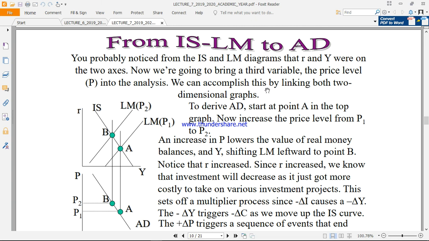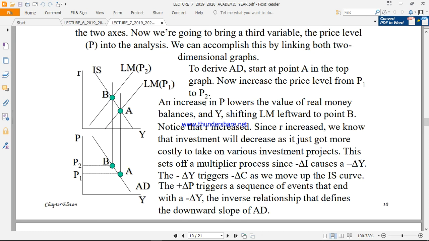We can accomplish this by linking both these graphs. So basically what we're trying to understand is how to derive the aggregate demand curve from the IS-LM model. That's what we want, so please pay attention.